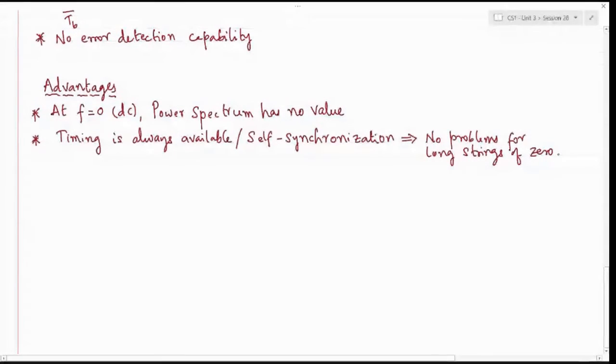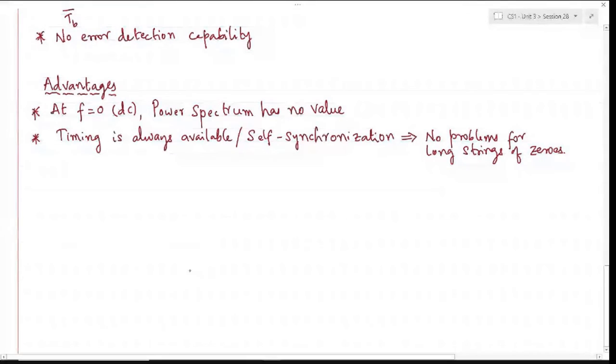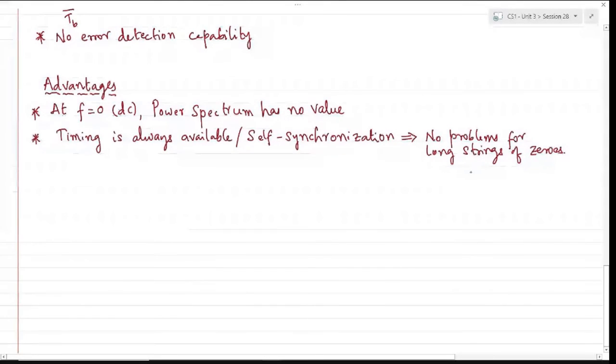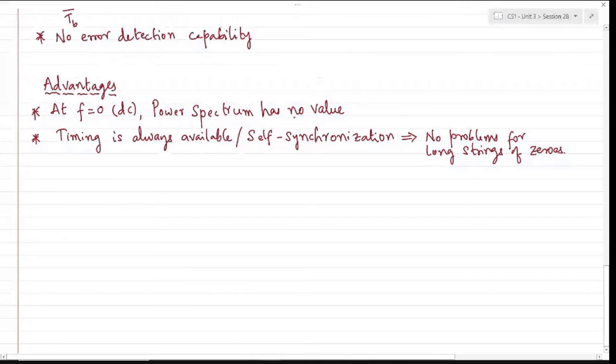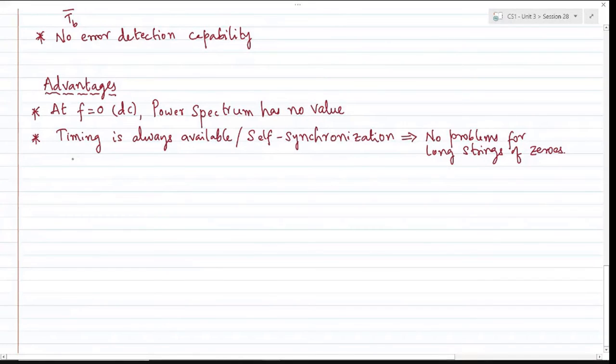If there are long strings of zeros, there's a problem with polar and unipolar NRZ or RZ schemes, where synchronization between transmitter and receiver was lost if long strings of zeros were transmitted from the transmitter end. But in Manchester coding, that problem is not there.